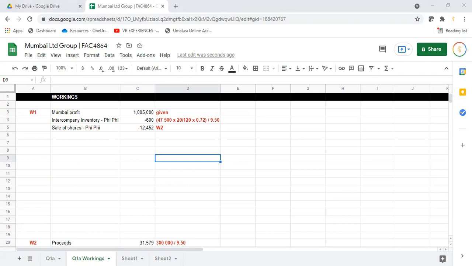Don't forget the contingent liability that will go under Fifi's profit or loss. Now let's move on to New Delhi.